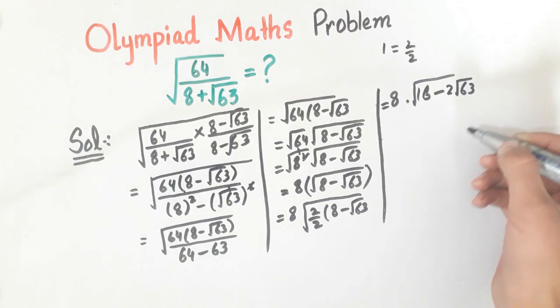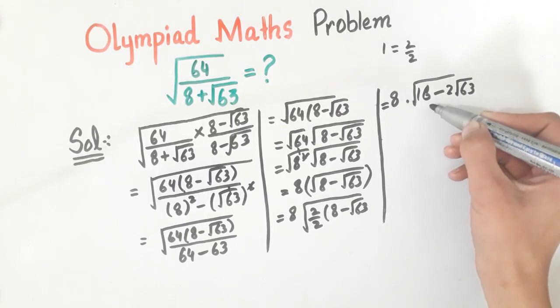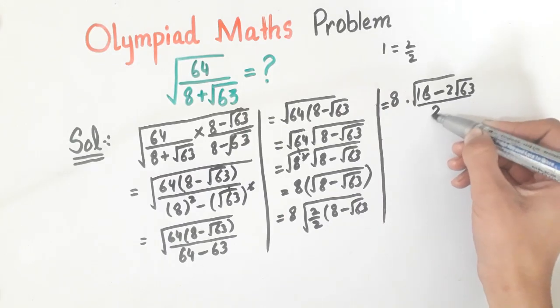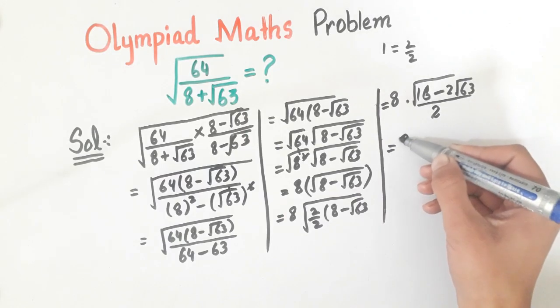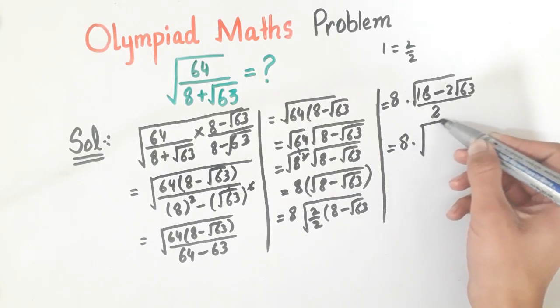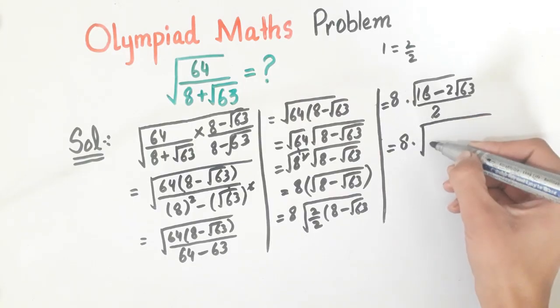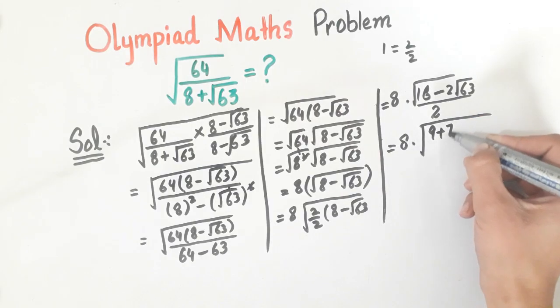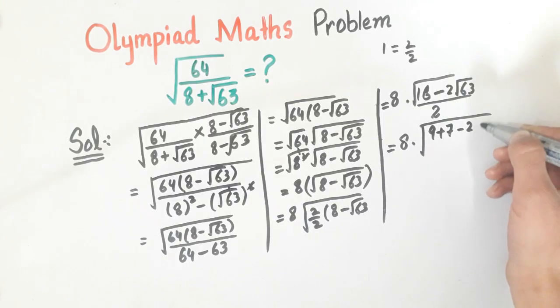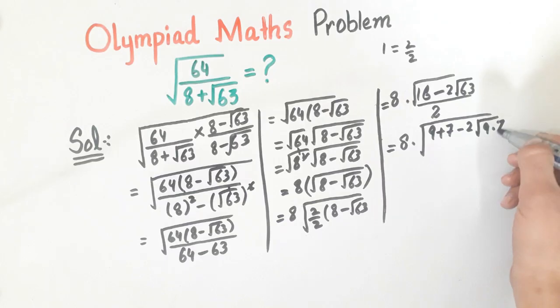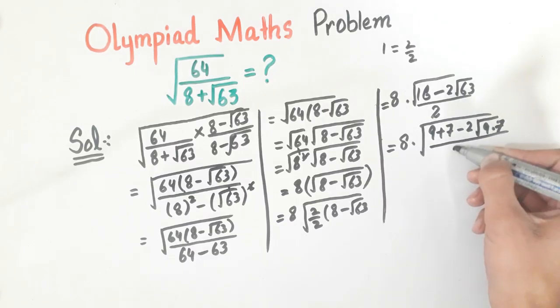Now in the next step, we will solve this further, divided by 2. So we get 8 into square root of 16 can be written as 9 plus 7, then minus 2, and 63 can be written as 9 multiply 7 and divided by 2.